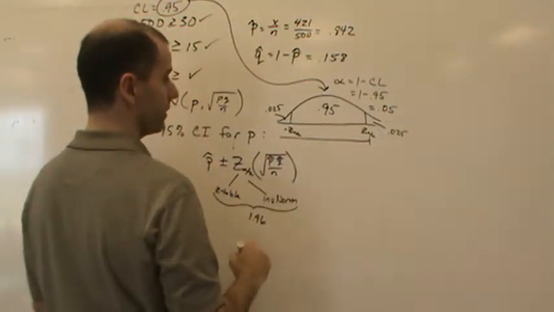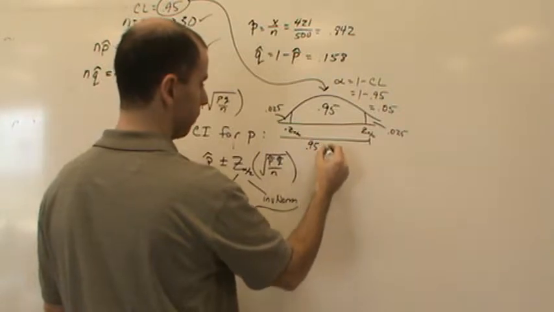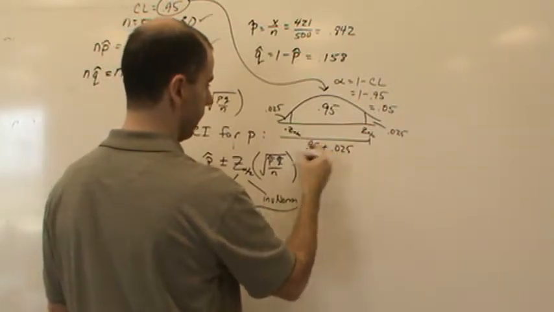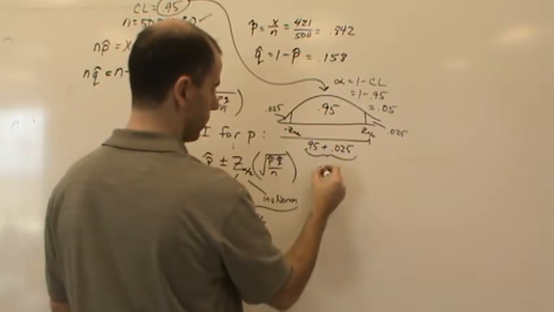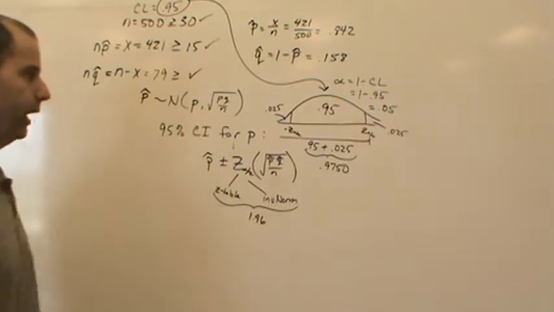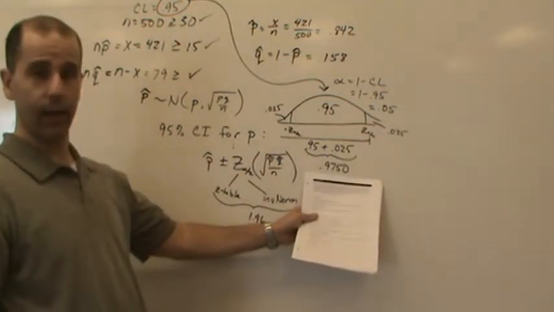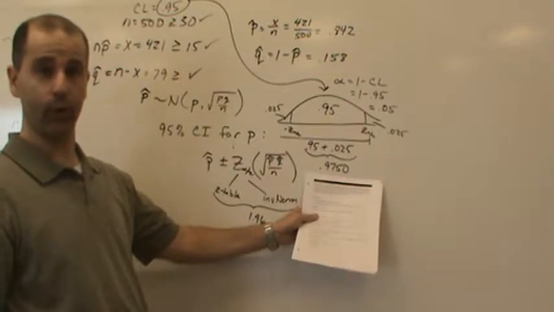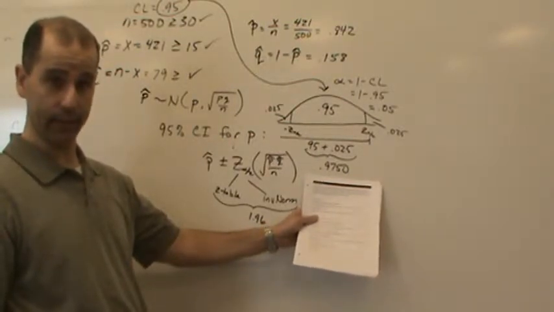And so what's the area to the left? Well, it's going to be 0.95 plus 0.025, right, for this tail. And so the total is going to be 0.9750. Okay? And so if you look for this area on the table, you're going to get the z-score of 1.96 that corresponds to this.